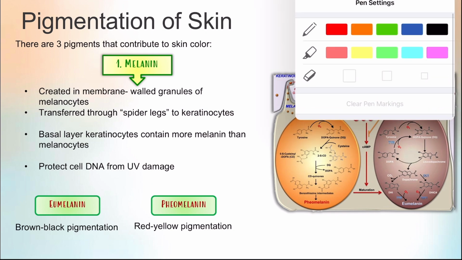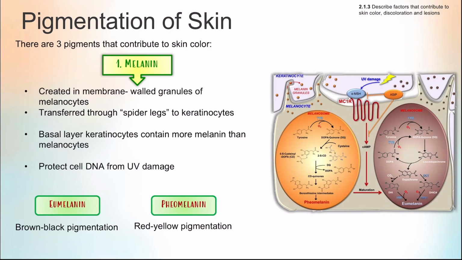So when we are looking at melanin, melanin is a pigmentation that is going to be created in membrane-walled granules of melanocytes. So remember, melanocytes were a type of cell that we introduced to you in the epidermis layer.